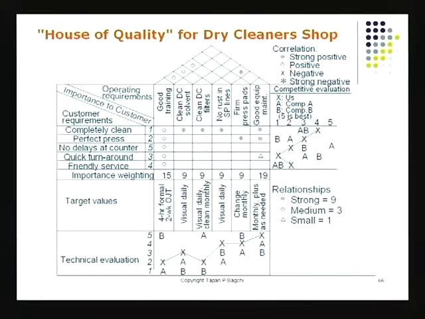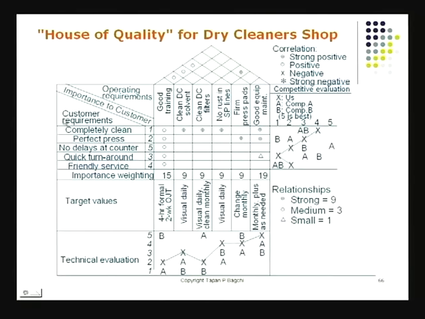They'd not like to see a delay at the counter when they come there to either collect their garments or to deliver the used garments. They should have no problem there. There should be quick turnaround. The service should be friendly. This is also something that they would like to see.